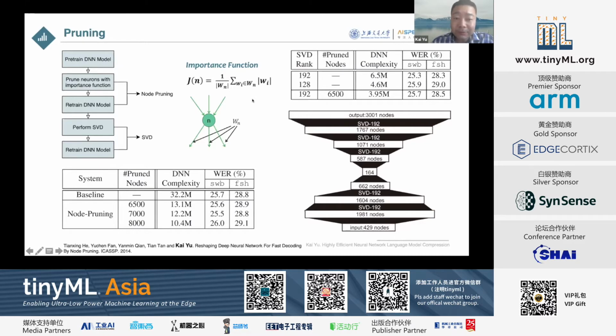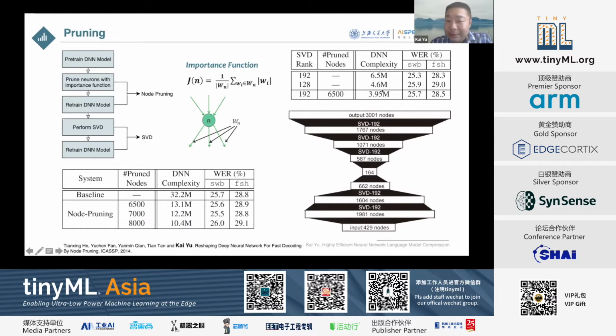By using the importance function, if we have no incoming weights or we have no outgoing weights, we can just remove this node. Using the importance function to do node pruning, we can automatically prune a deep neural network into this shape. In the middle, the nodes are pruned heavily, and at the beginning for feature extraction, and in the end for doing classification, the nodes are retained more.